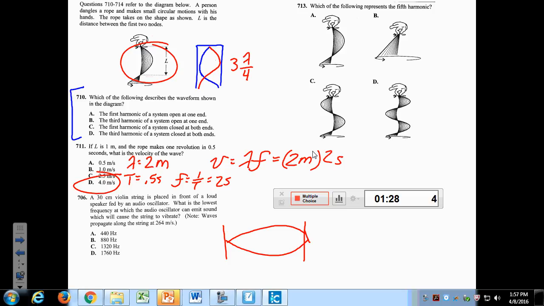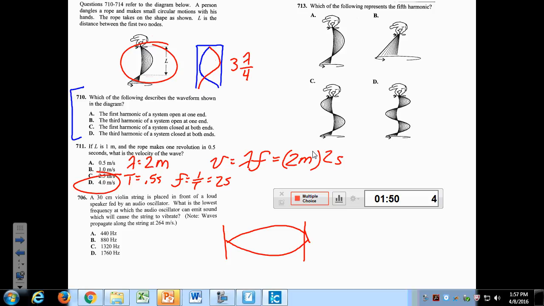What is the wavelength of this first harmonic? Well, this distance is what? From here to here. This is 30. So what is the wavelength? 60. And the wavelength is 60.